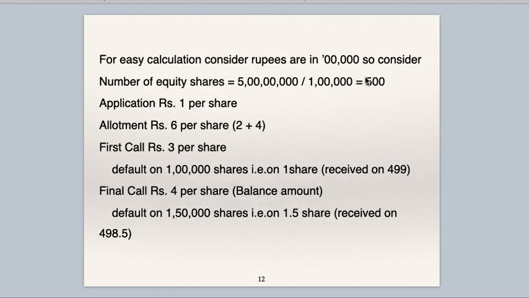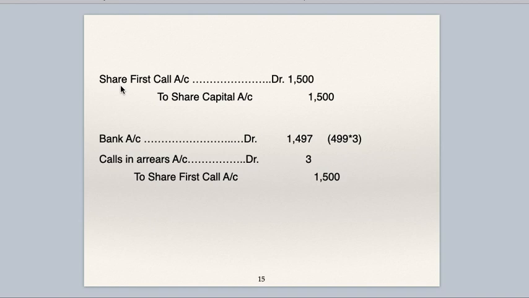Next is first call. First you have to show first call money due, 500 into 3, and first call money received, 499 into 3. There is default on 1 share. First call money due entry is share first call account debit 1,500 to share capital 1,500.